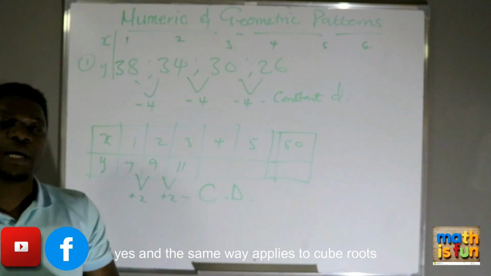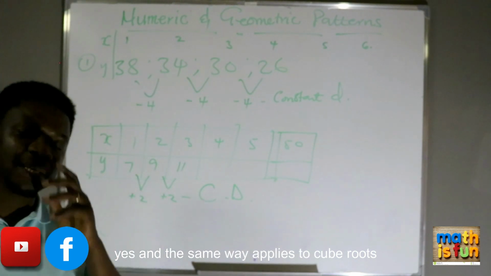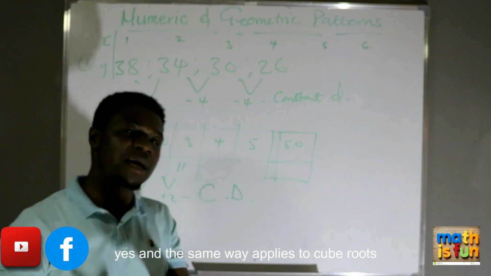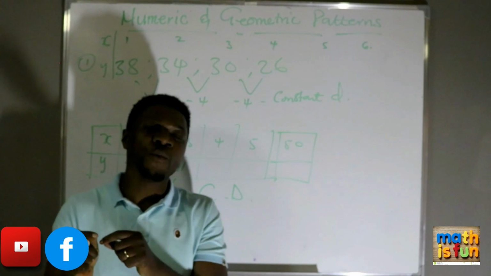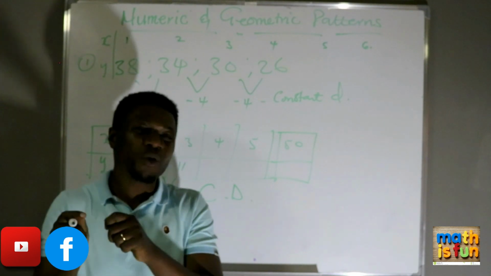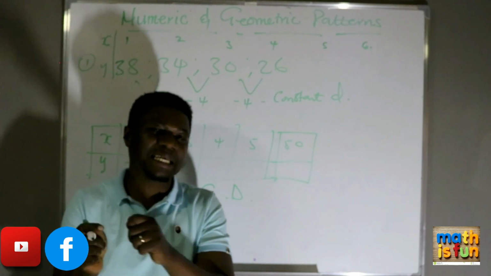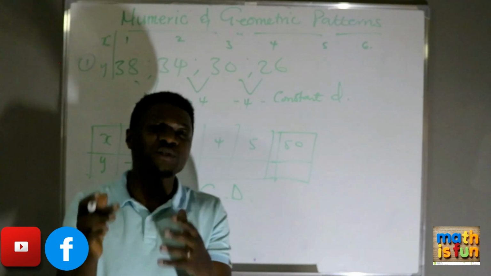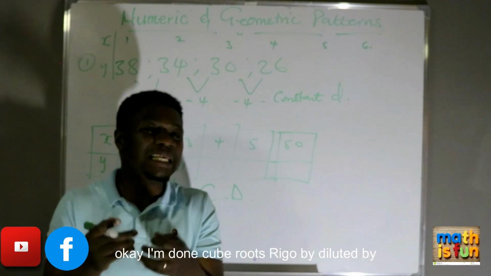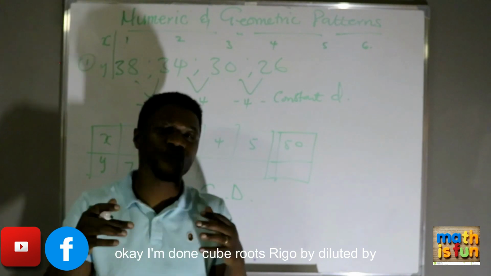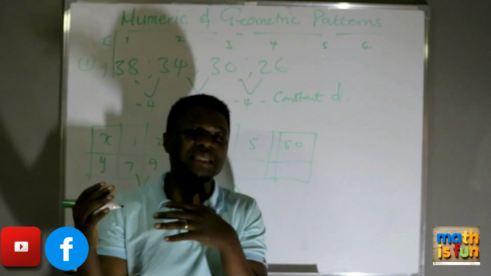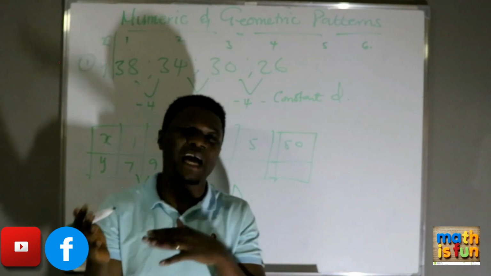Okay, once I've gotten a constant difference, remember that I said earlier that to determine the rule, you have to multiply the constant difference by the term number. In actual sense, what you're doing is finding the relationship between the input values and the output values. So we ask ourselves, what is the relationship between the input values and the output values?